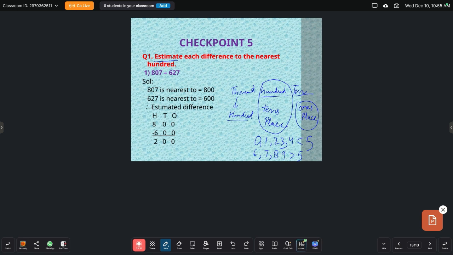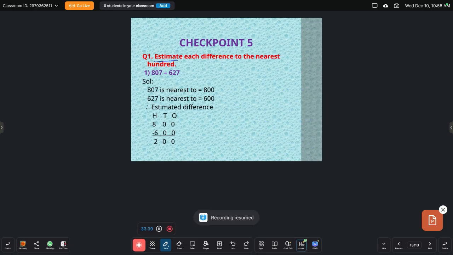Same is the case here. We have to round the numbers to the nearest 100. Now boys, here is the question. Estimate each difference to the nearest 100. What we have to do is round off the minuend and subtrahend.